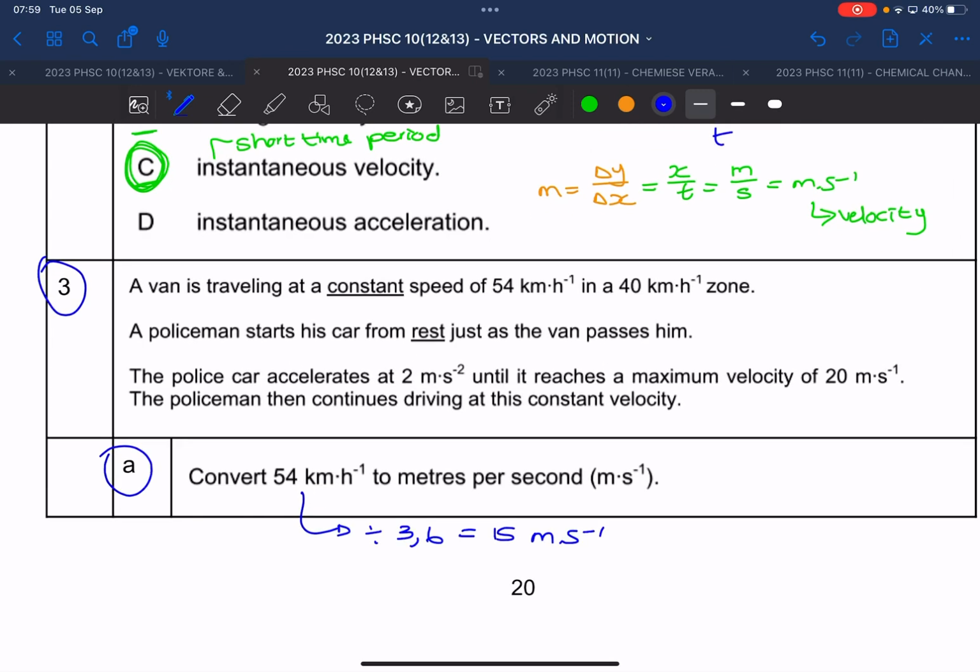The acceleration of the police car was 2 meters per second squared. Its maximum velocity that it reaches is 20 meters per second. Bukamuso, what was the initial velocity of the police car?